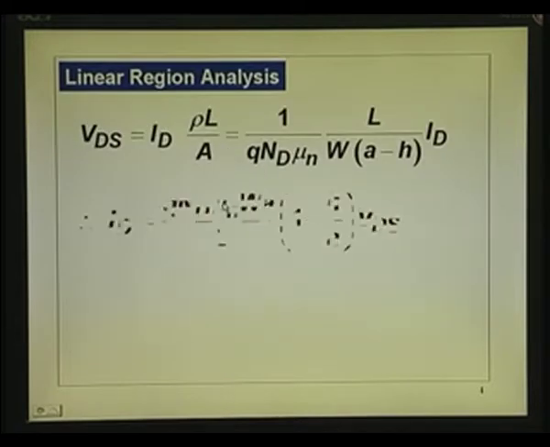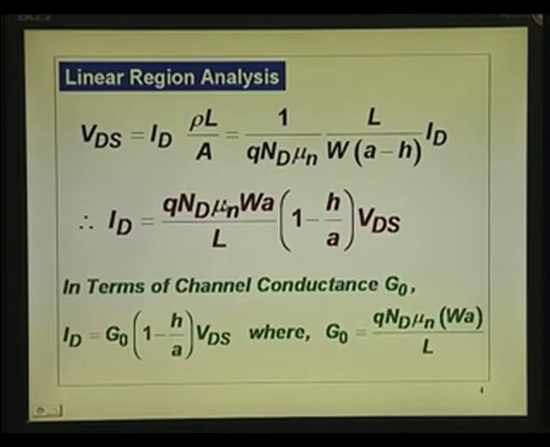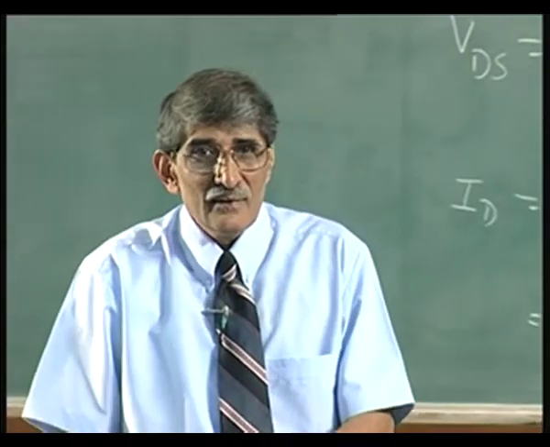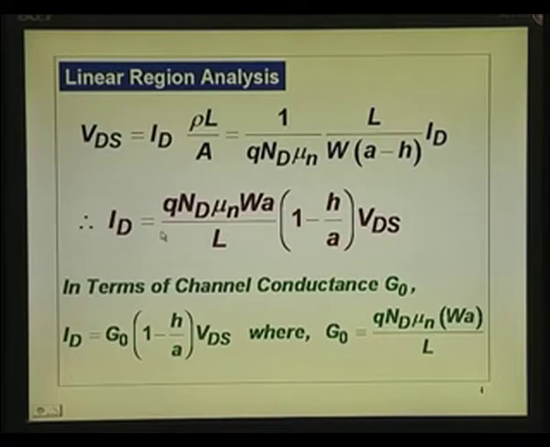That is channel resistance, and I put it as channel conductance, 1 by that. So, sigma into area by L, that is G naught. G naught is that quantity. I am writing that because it works out easy to write that one alone, instead of writing all these right through.